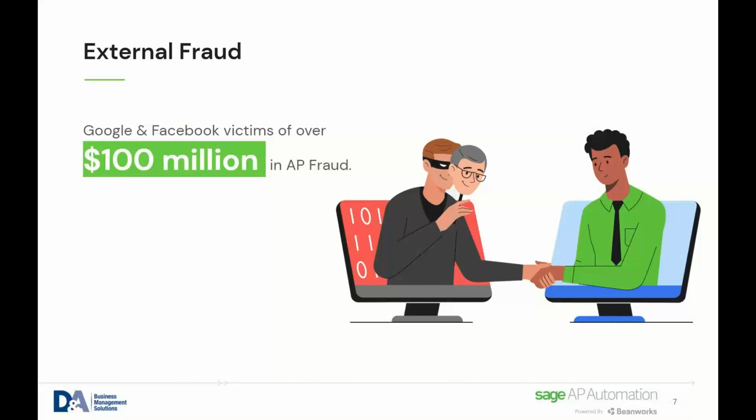The employees at both companies were used to processing multi-million-dollar transactions with the company that the scammer was falsely posing as. So bottom line, if you don't have transparent approval workflows in place, picking up scams like this can be super tough, as Google and Facebook are exemplifying.